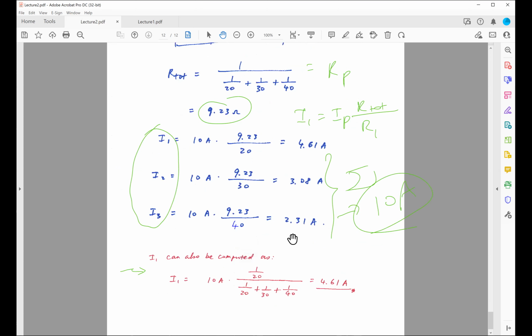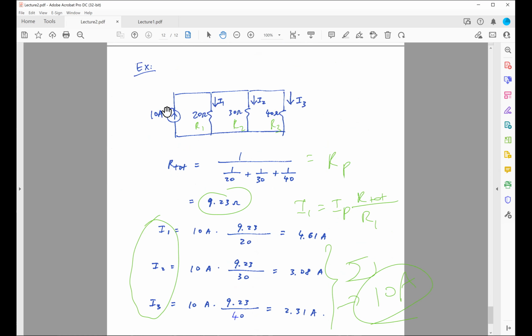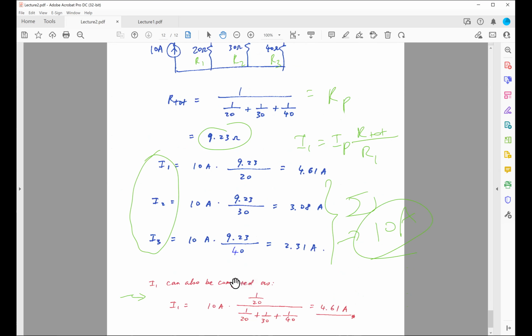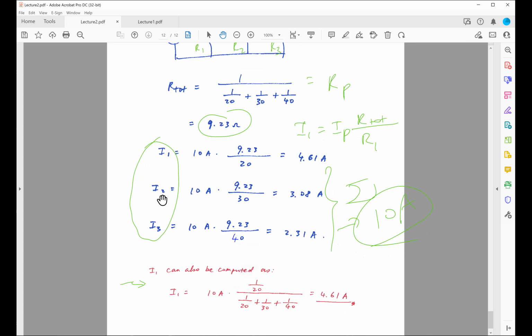By following the same equation, if I want to calculate I1, I take 10 times 1 over 20, over 1 over 20 plus 1 over 30 plus 1 over 40. And this will again give me the same answer, 4.6 for the first current, I1. I invite you to try using the same equation for I2 and I3, and you're going to get the same answer.